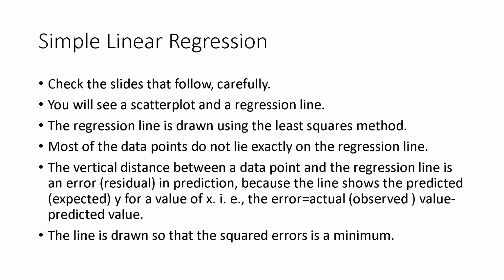The sum of the vertical distances between the observed data points from the fitted line is 0, because those above the line are positive and those below the line are negative. To avoid this, we square the errors, so the negative sign will become positive when we square it.